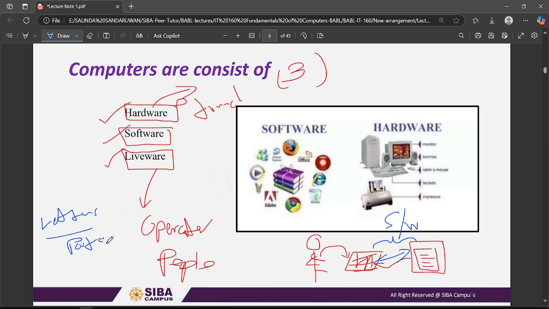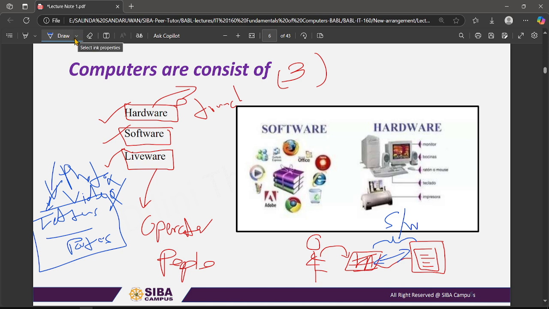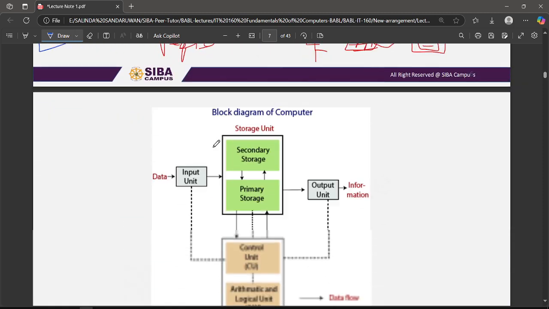But you cannot do video editing or photo editing with Word. To do photo editing, you should use Photoshop, and likewise CorelDRAW. Now I think you have understood what hardware, software, and liveware are. We'll discuss further.